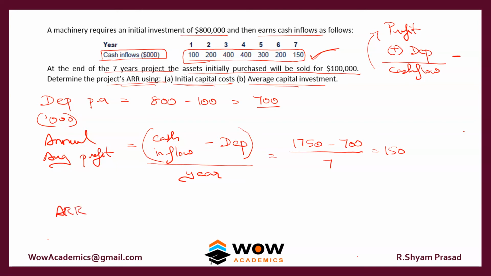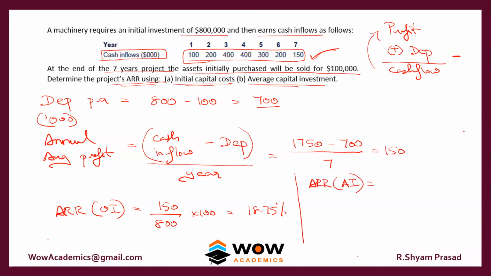Now we'll do ARR on the original investment method. That comes to 150 divided by 800, into 100. The answer comes to 18.75%. If you want to do the ARR on average investment, the 150 remains the same, but the denominator alone changes.